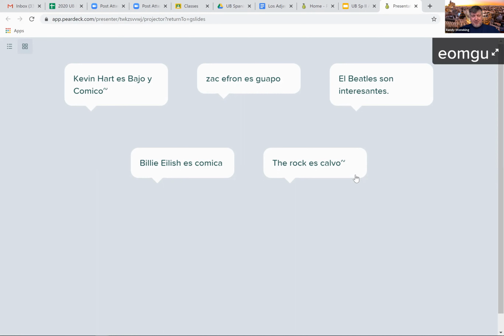Bueno. Okay. Last thing that you're going to do, you're going to continue the same sentence that you have, but I want you to also add either no es or no son. So leave the sentence that you have and then come up with one other thing that they're not. So for example, Zac Efron es guapo, then you're going to say no es, use the opposite word.